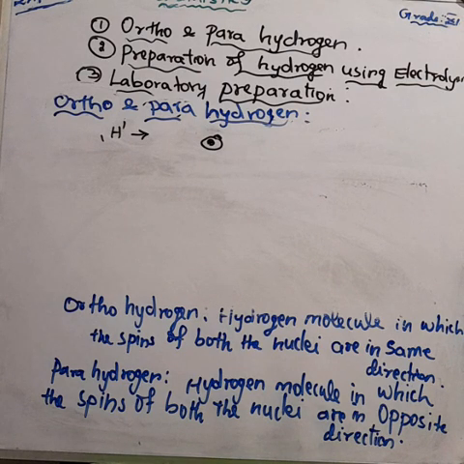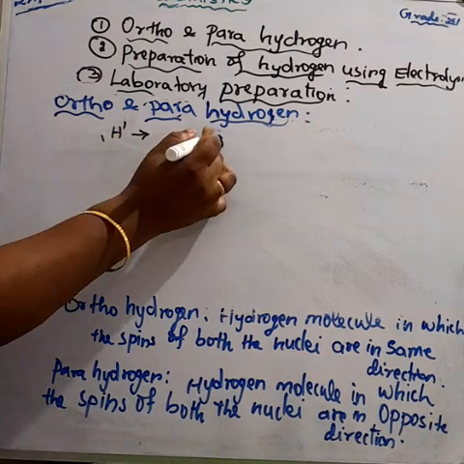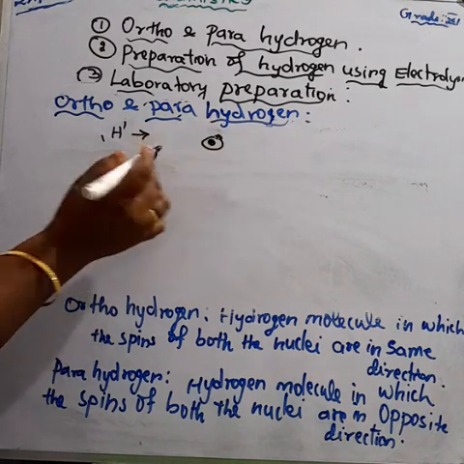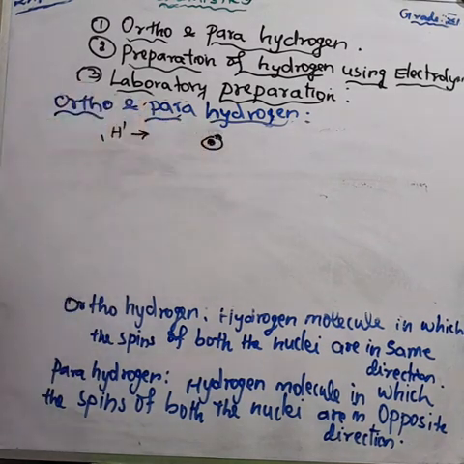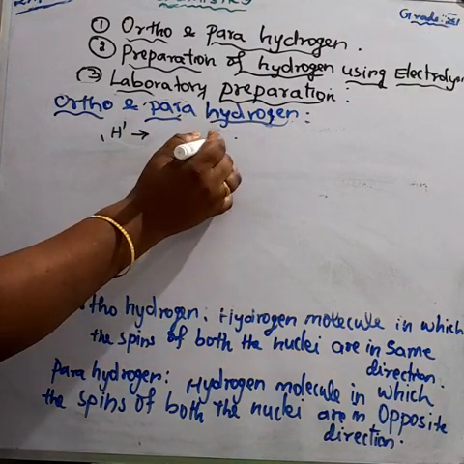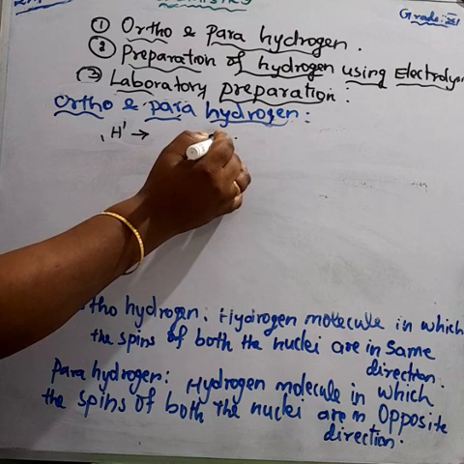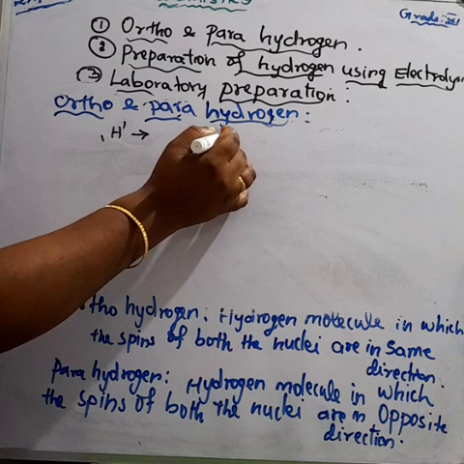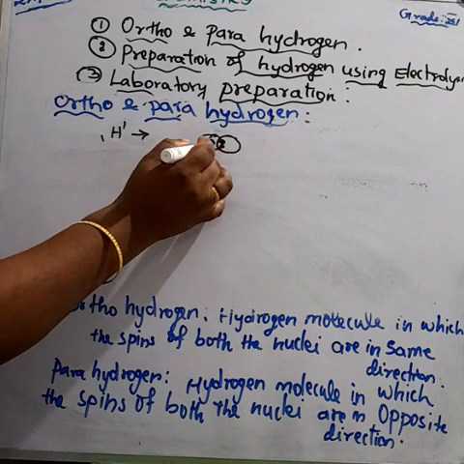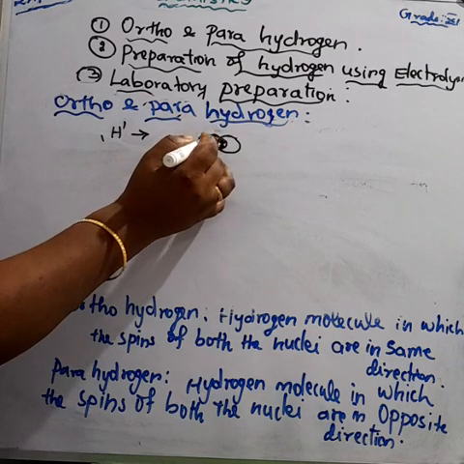The atomic hydrogen cannot exist in the free state because only one electron is present in the outermost orbit, so hydrogen always tries to exist in molecular form. What is the molecular form of hydrogen? That is H2. The hydrogen molecule is a diatomic molecule, meaning two atoms.